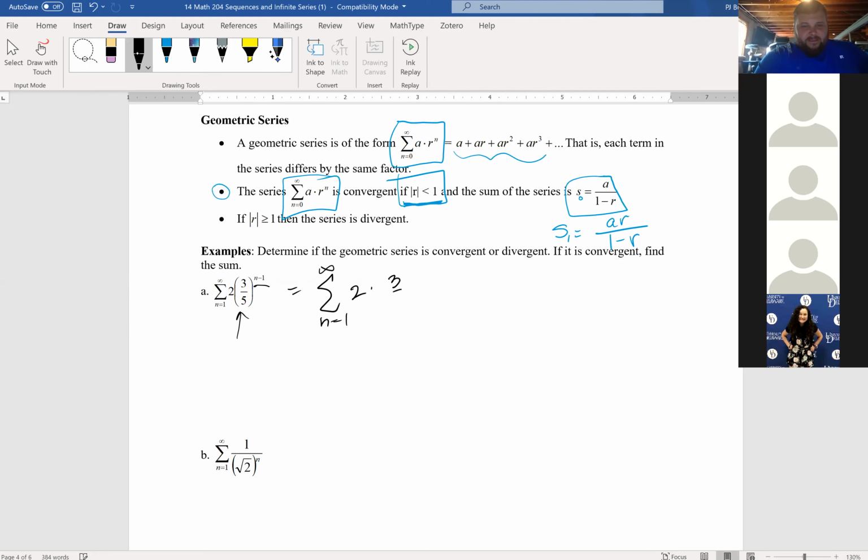I'm going to rewrite this as 3/5 to the n times 3/5 to the negative 1. That's a property of the power there. I have the same base, so if multiplied, I would add the exponents, which is the same thing as what I did here, but in reverse. 3/5 to the negative 1 means basically just flip that fraction over.